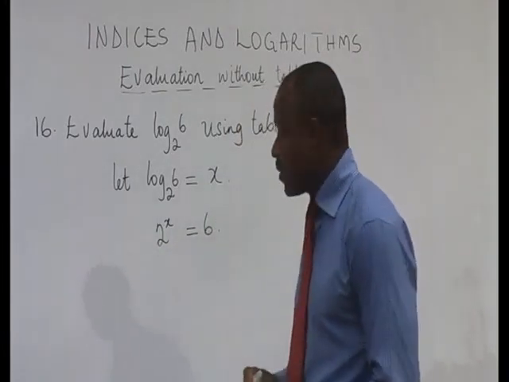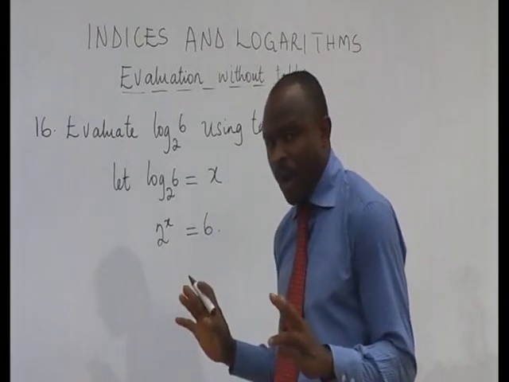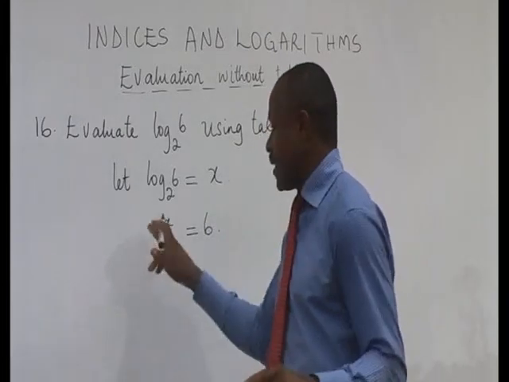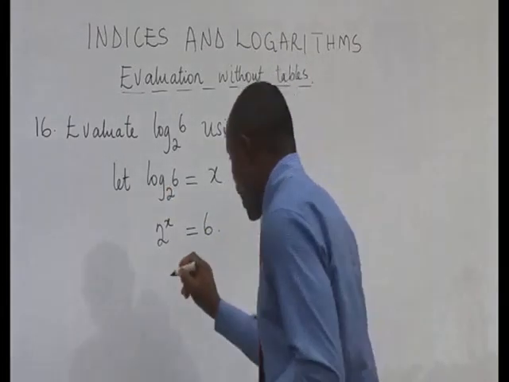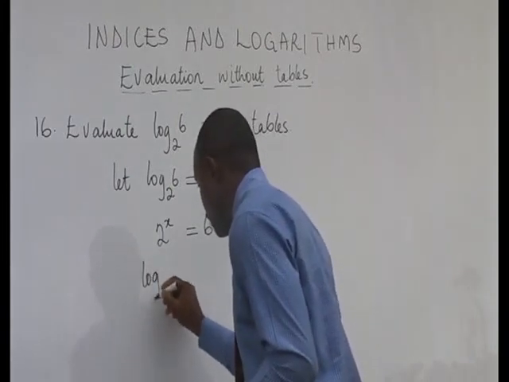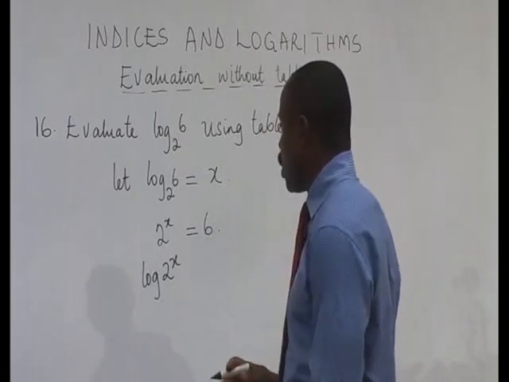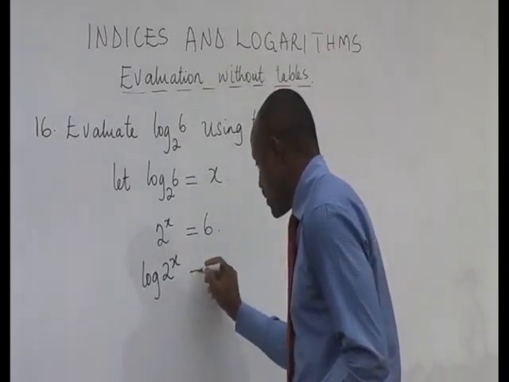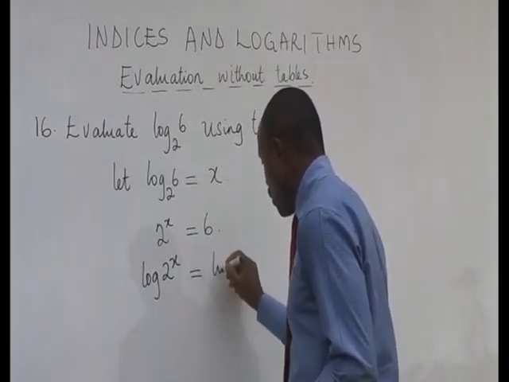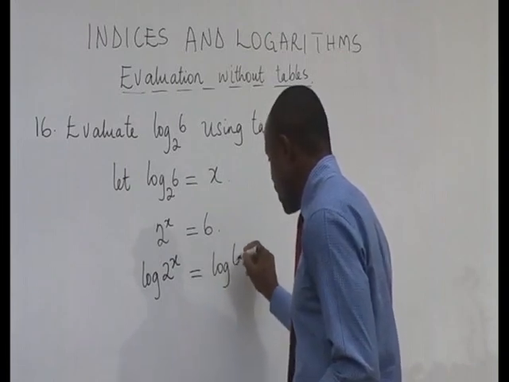At this juncture, it's like you are running away from the logarithms. Introduce back the logarithms. You will now have that log to any given base of 2 exponent x is equal to log to the same base of 6.